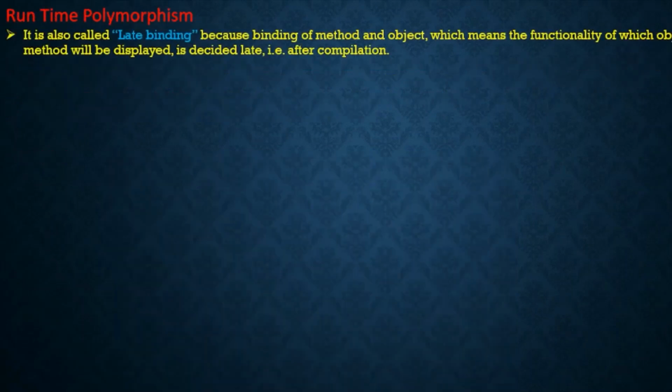Runtime polymorphism means what? I can say runtime polymorphism is nothing but late binding. Whenever we compile our application, in case of overloading, the call binds to the method signature, and at the time of running, the same method is going to execute.